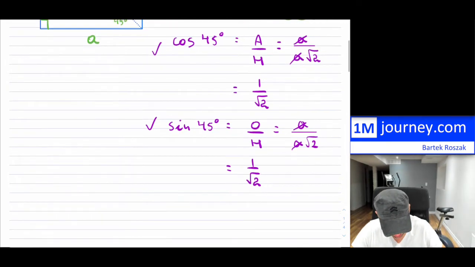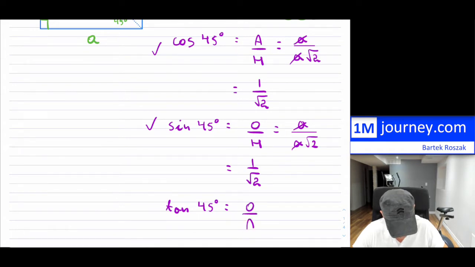Now, if you would try to take the tangent of 45 degrees, you know that this is opposite over adjacent, or really it's also just sine over cos, right? That's how tangent can also be defined.